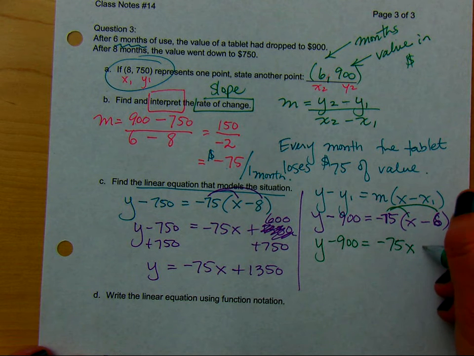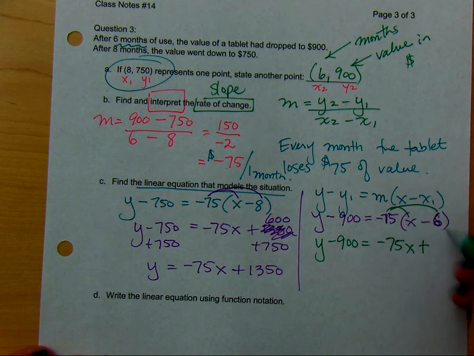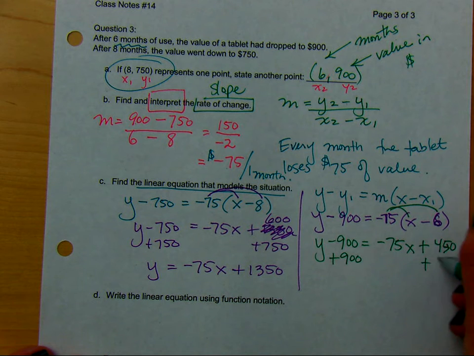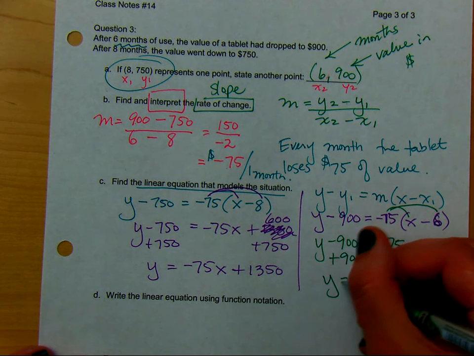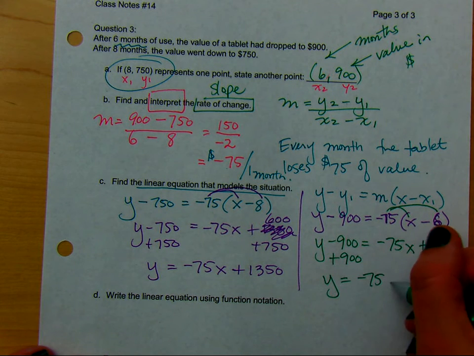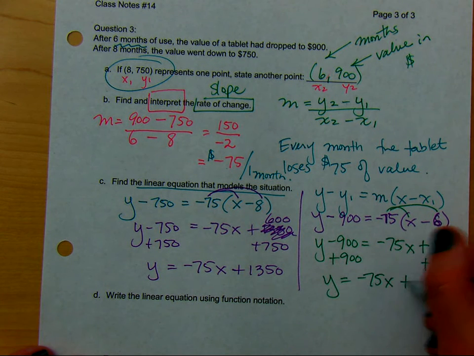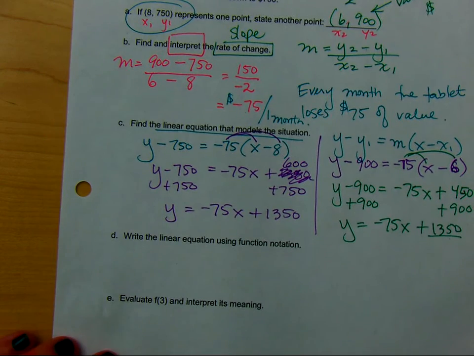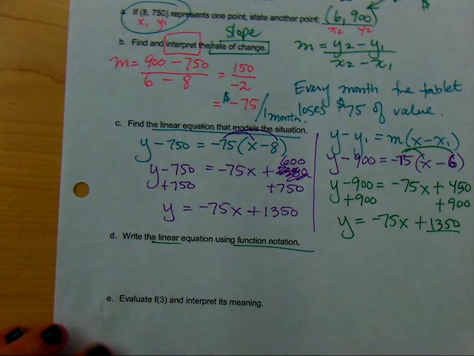Use a calculator. Negative times a negative is a positive 450. And then we add 900 to both sides. And we should get y equals negative 75x plus 1350. Same thing, right?